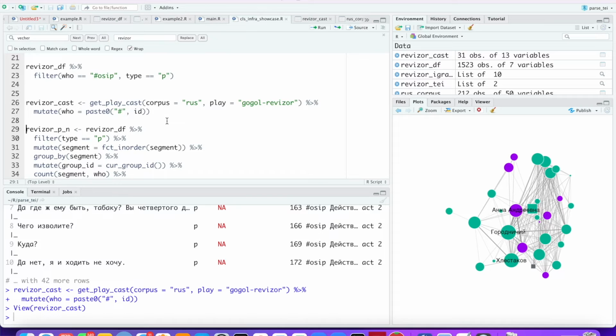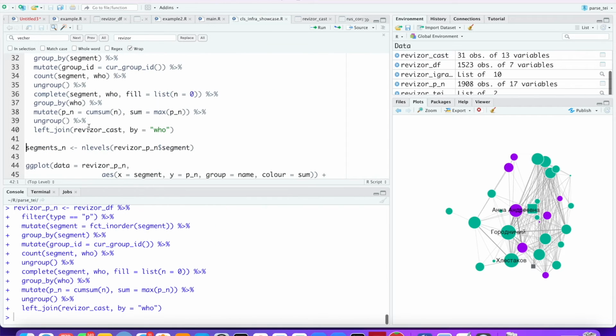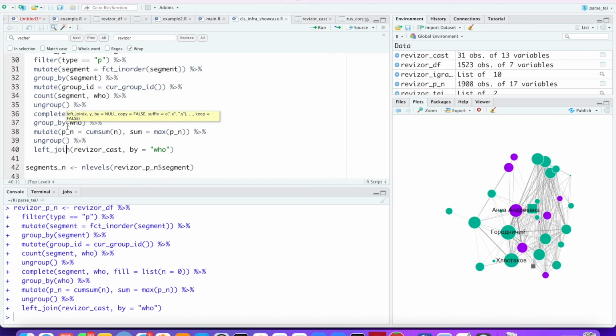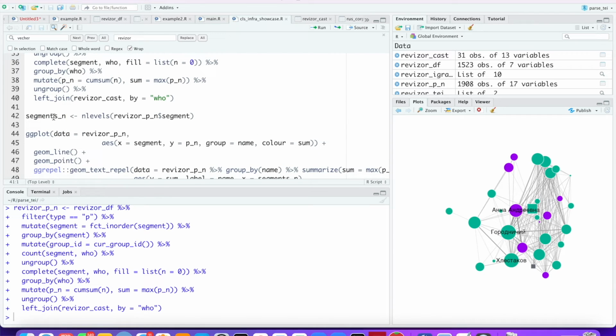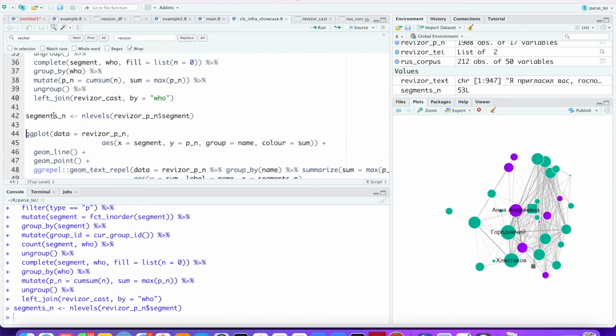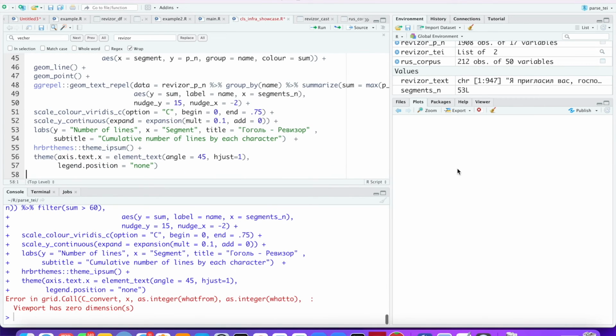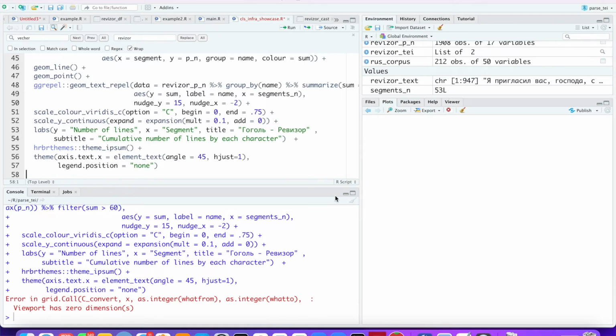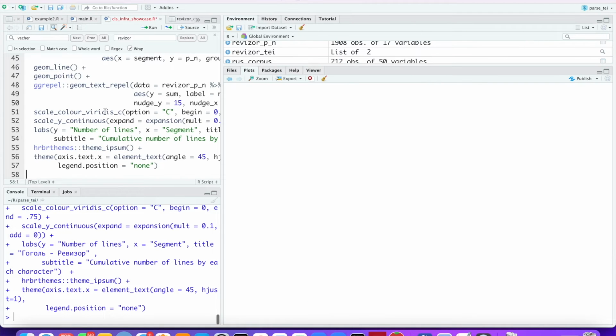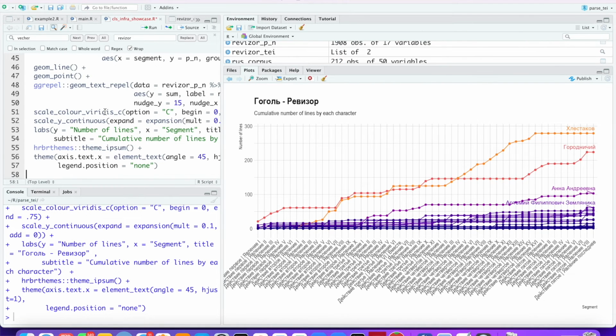So if I join this data to my data frame with the text, I can do some nice things with it. For example, I can write something like this to draw a picture. I can draw this picture of the cumulative number of lines by each character across different scenes.